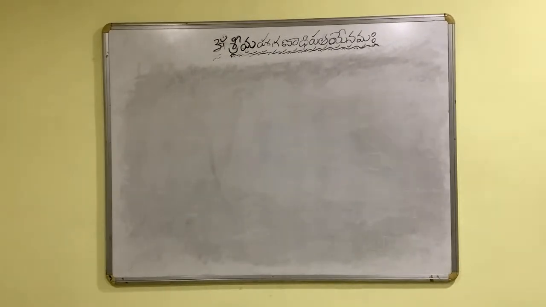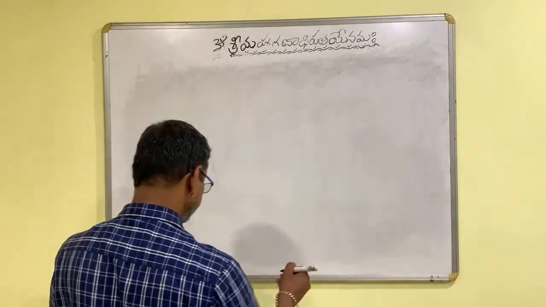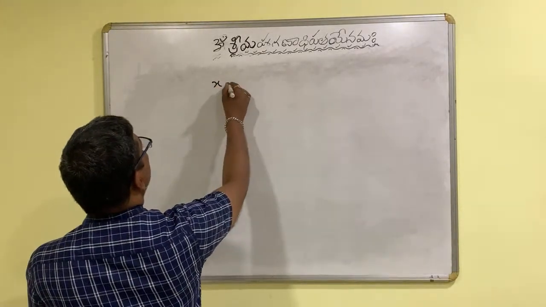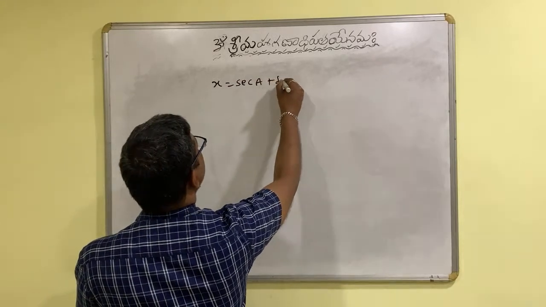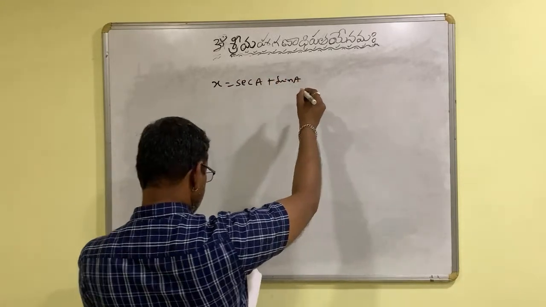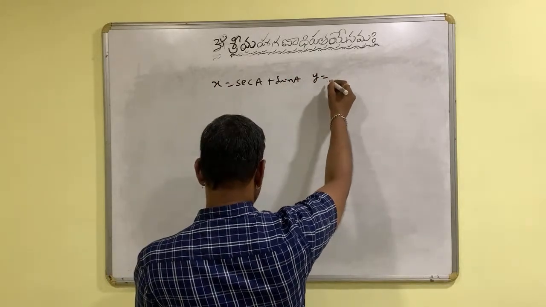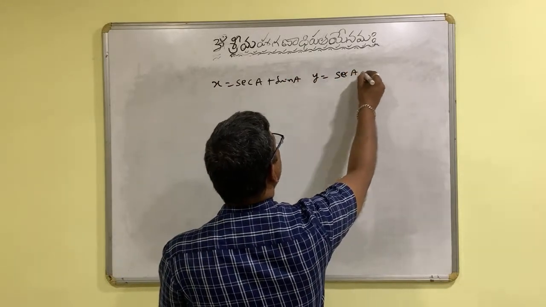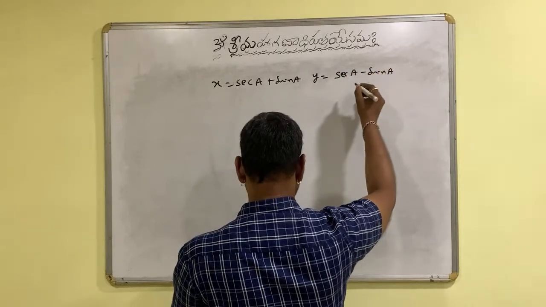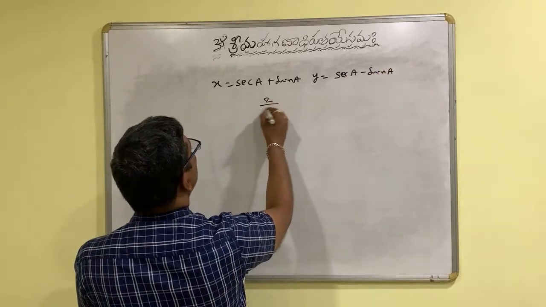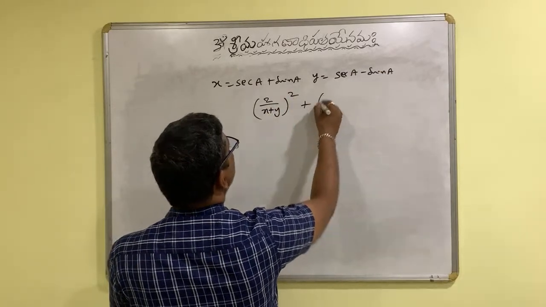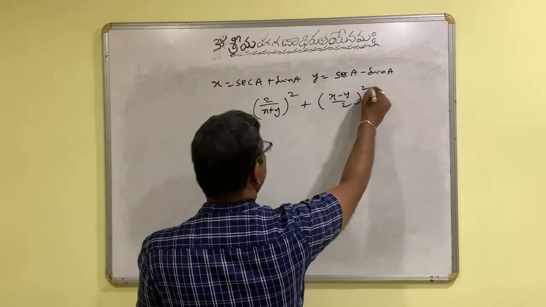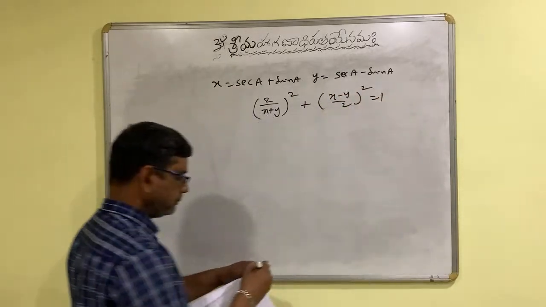Right. Question 1 for today. x is equal to secant A plus sin A and y is equal to secant A minus sin A. Then we need to prove that (2 by x plus y) whole square plus (x minus y by 2) whole square is equal to 1.